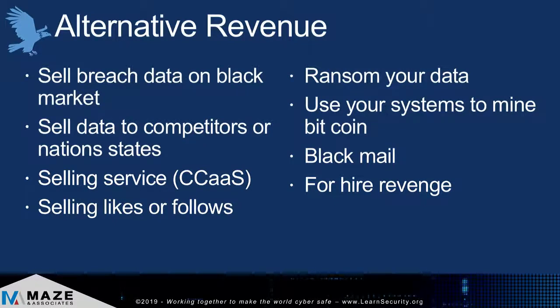Most of the time, that's just fake. But anyway, people may hire them for revenge. So a hacker may just take a job because somebody else asked them to do it. Or they may sell it like a service, like the guy I was talking about who used a denial of service. He set it up and then sold it to other people that wanted to do denial of service against other organizations.